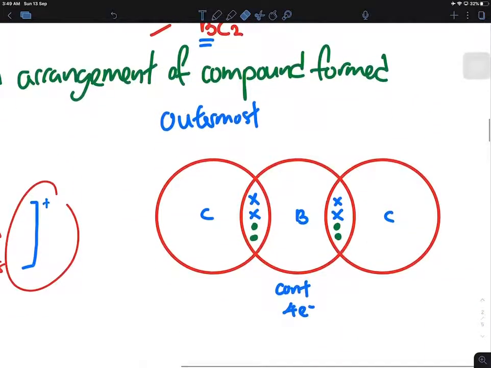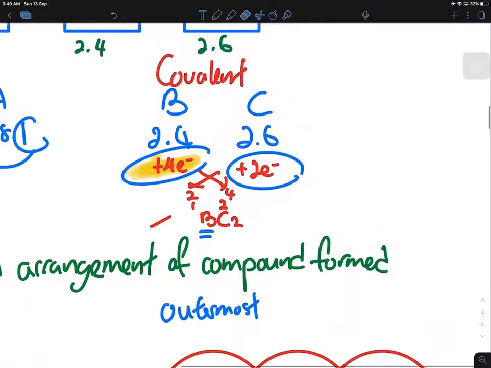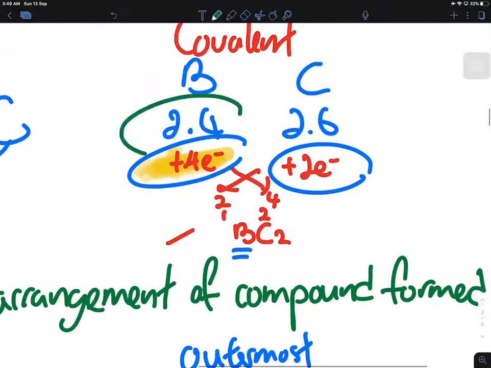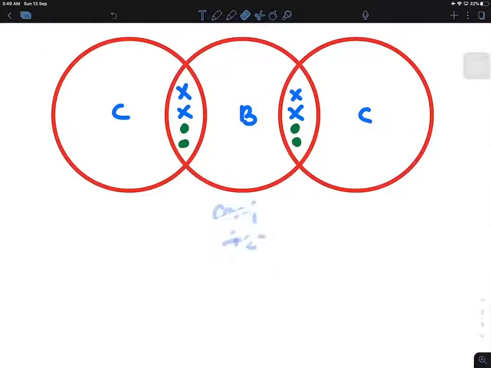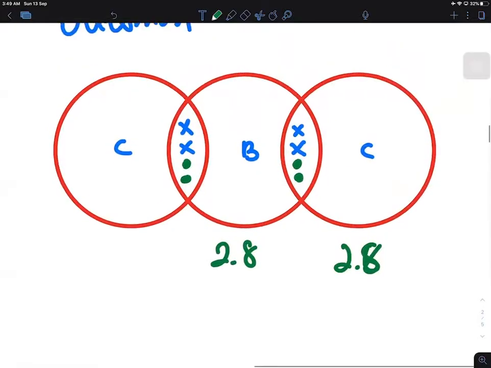Then how do you complete the structure? Very easy. 2.4, right? So 2.4 after becoming stable should be 2.8. So this one, C, was 2.6. Becoming stable should be 2.8 as well. So this is what I do.